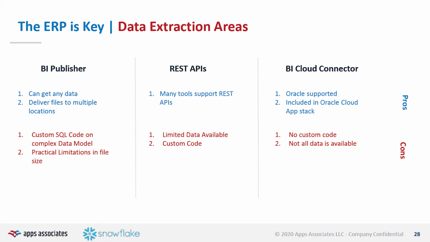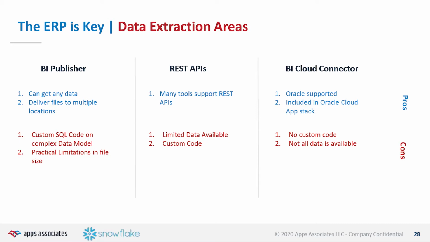It's mostly used for integrating business processes, integrating applications within the organization, and I think there are limitations with respect to the volume of data that you can extract and process using the REST API, and also the coding that's involved. So more recently, the BI Cloud Connector has been a tool of choice to extract information, primarily because more and more objects are available from Oracle that can be scheduled, whether in full mode or incremental mode, and extracted in the form of CSV files.